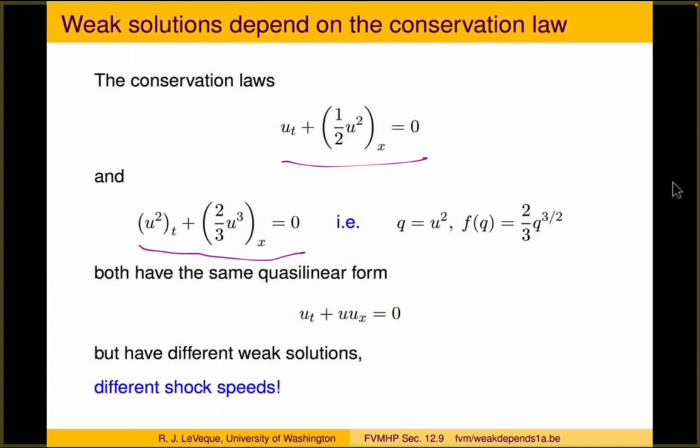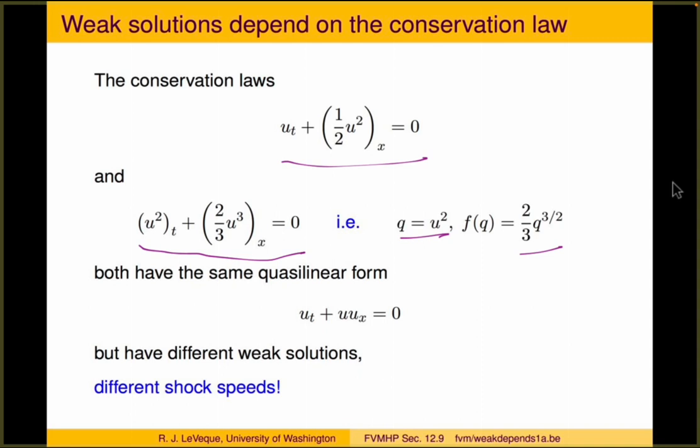You can think of q as being u squared in this case, and the flux f(q) as being 2/3 q^(3/2), which would then be u cubed. So that's a differential equation in conservation form, but the conserved variable here is u squared rather than u.